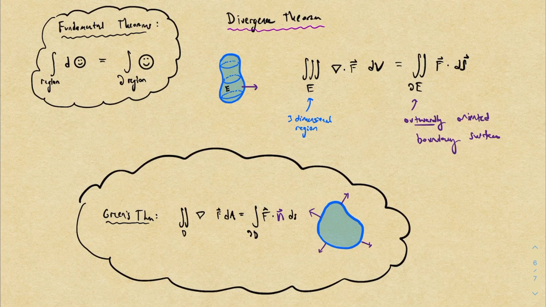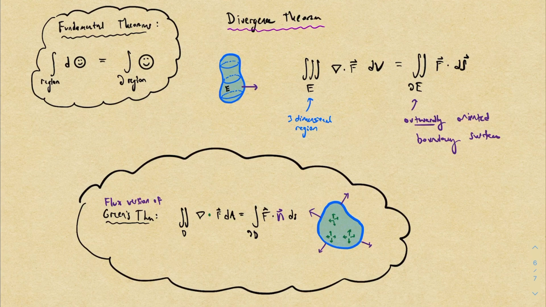And in the flux version of Green's theorem, on the left-hand side, we're not computing the integral of the curl. The flux version has you compute the integral of the divergence of the vector field. So, to say this again, the flux version of Green's theorem says that the double integral of the divergence of the vector field gives you the flux of the vector field through the boundary curve.